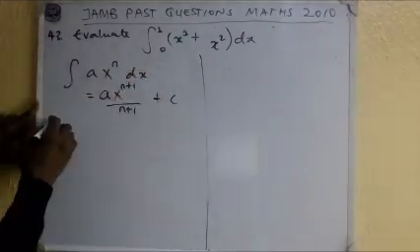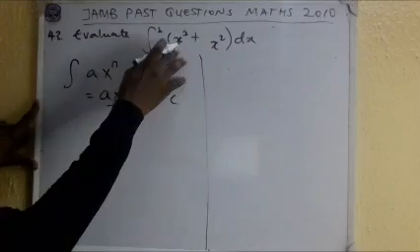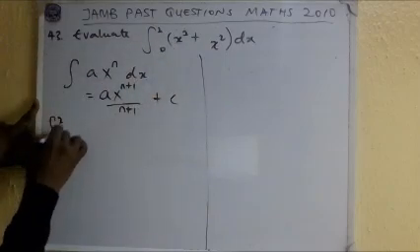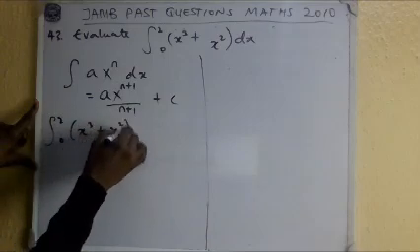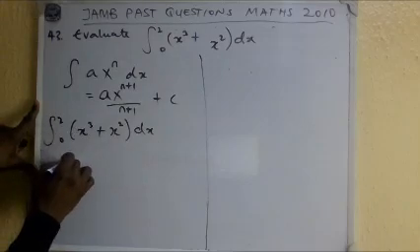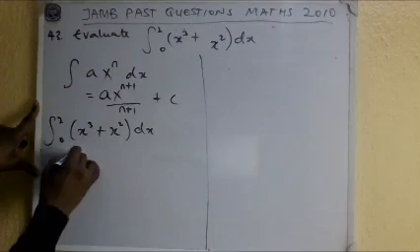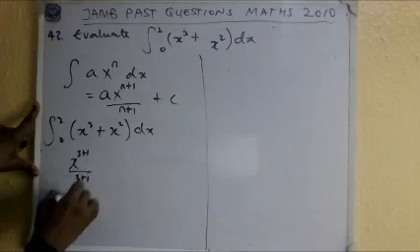So this one now, I'll do it like this. I'll say integrating each term. Let me put it again: x cubed plus x squared, then dx. So how it goes now, for this particular one, it is x. Remember we say add to the power, and put the resultant under.